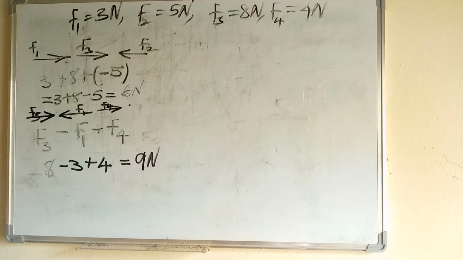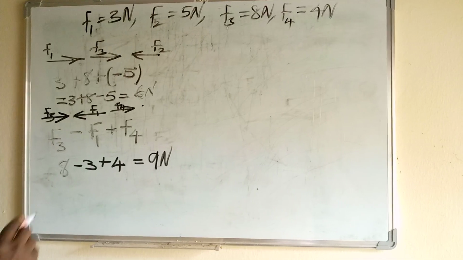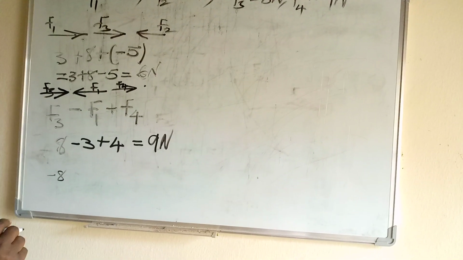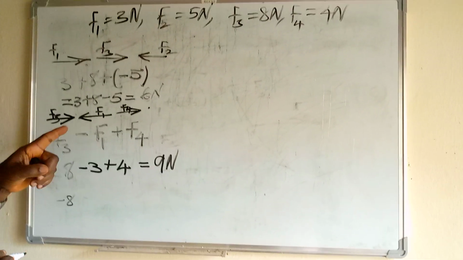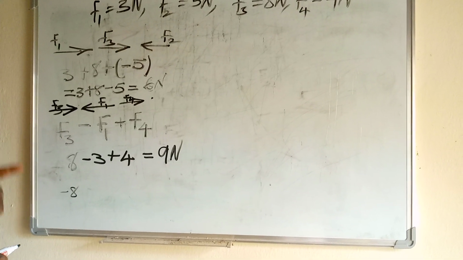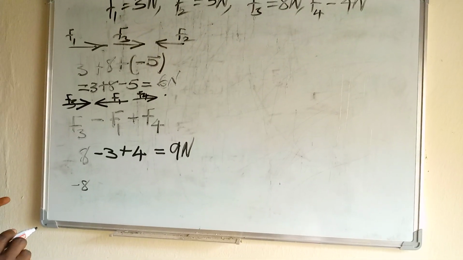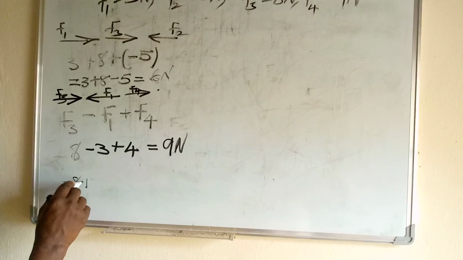Let's, for instance, take the direction of F3 as negative. That would be minus 8. Because F4 is in the same direction as F3, it will be minus 4. F1 is in the opposite direction, so F1 becomes positive this time, plus 3.